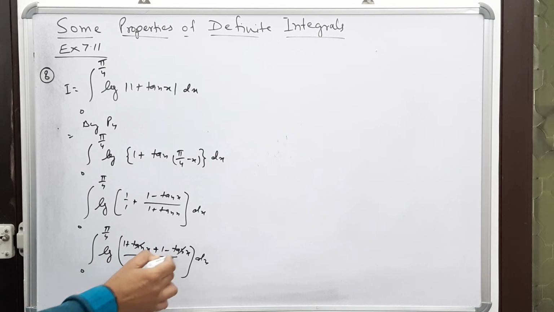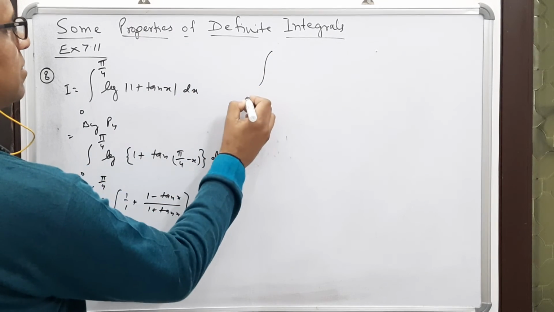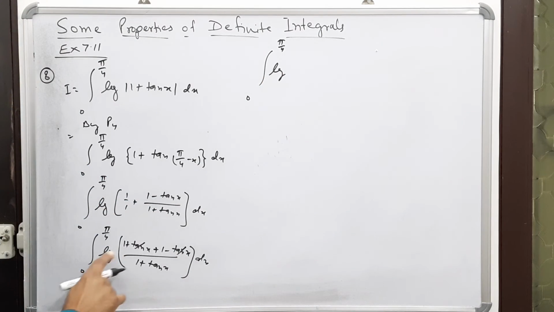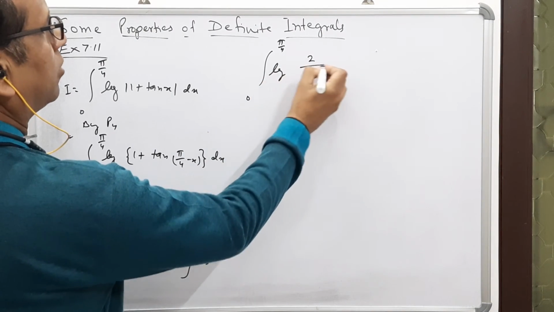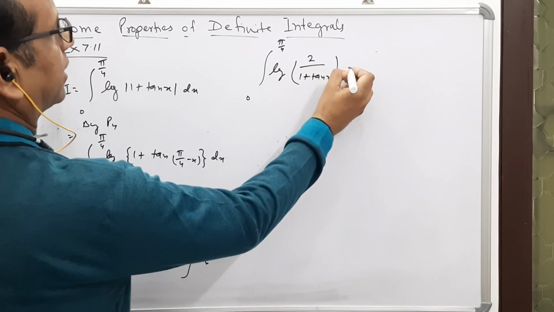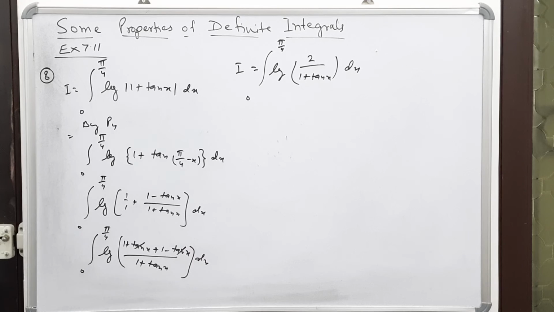Now this tan x and tan x cancel. So it is 1 plus 1, 2. So the next step is 0 to pi by 4 log 2 upon (1 plus tan x) dx. That is I, and this is also I.